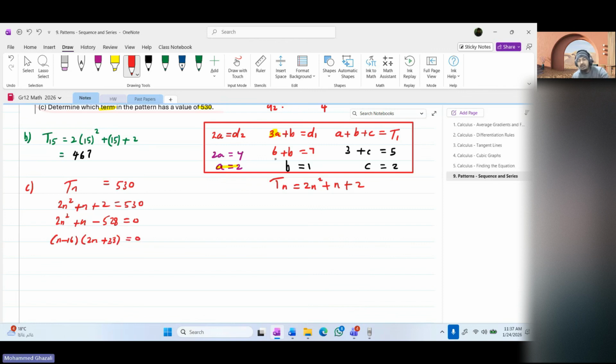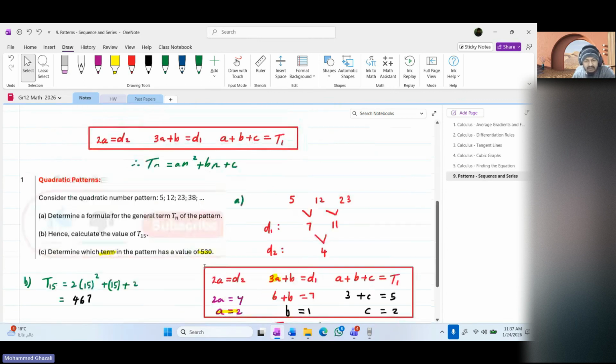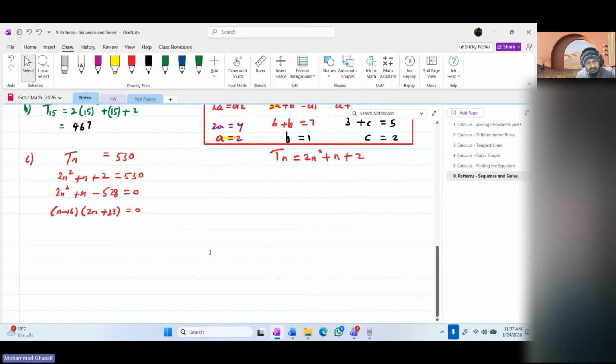Remember, when we are doing number patterns, the values of n should always be natural numbers, okay? So remember, n has to be an element of natural numbers. In other words, you can't have fractions, you can't have negative numbers. It can only be 1, 2, 3, 4, 5, and so on. Right, so n is equal to 16, or n is equal to negative 33 over 2. We're going to say reject. So what's your final answer?